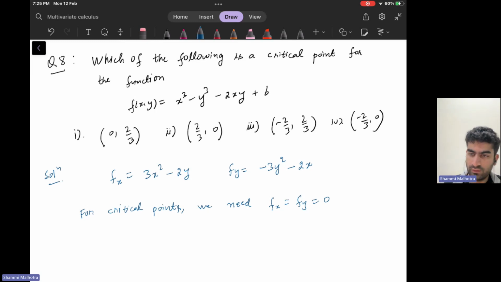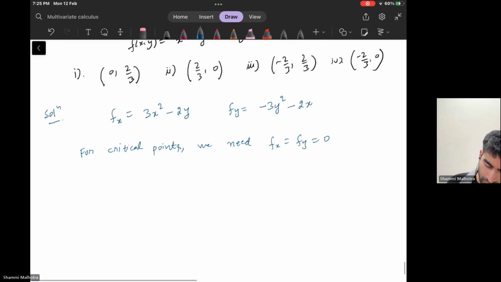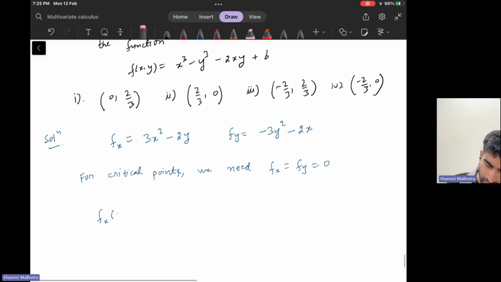So since we need both of these values to be 0, let us write 3x square minus 2y equal to 0, and then minus 3y square minus 2x equal to 0. So what does this imply?